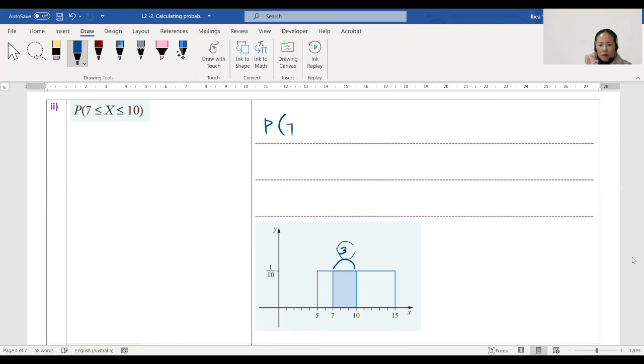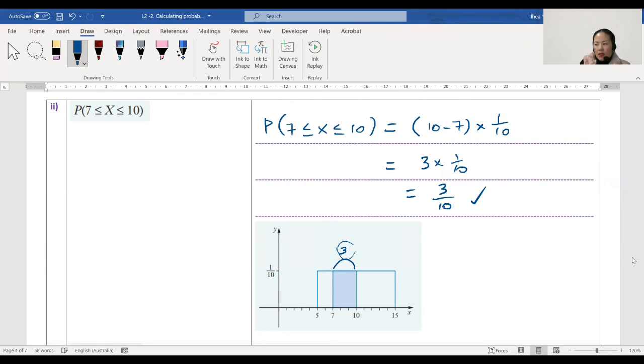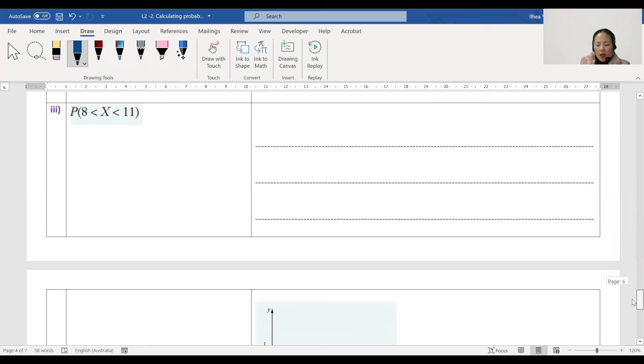So let's have a look at that. 7 to 10: my base is 10 minus 7, and my height is 1 over 10. So that becomes 3 times 1 over 10, which is 3 over 10. You're probably starting to get the pattern. It doesn't really matter whether it's bigger than, less than, or bigger than or equal to, less than or equal to.